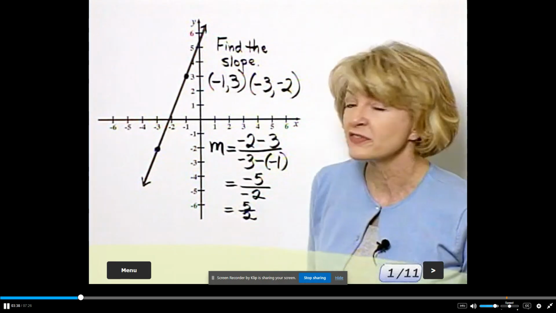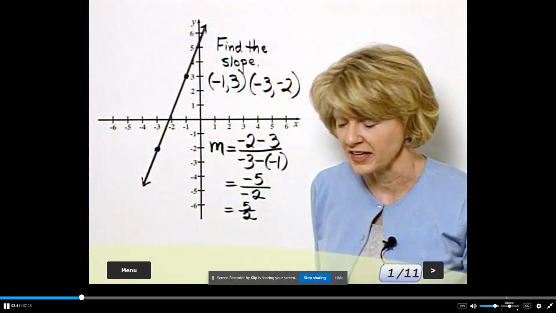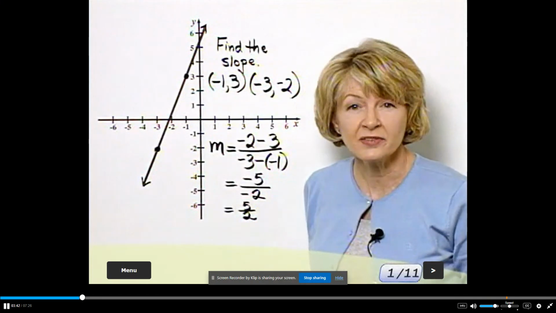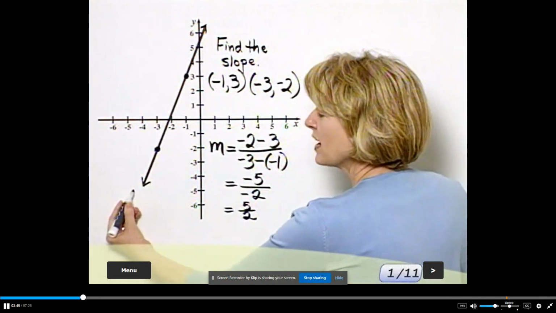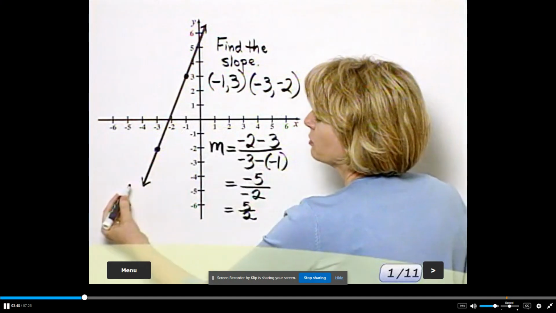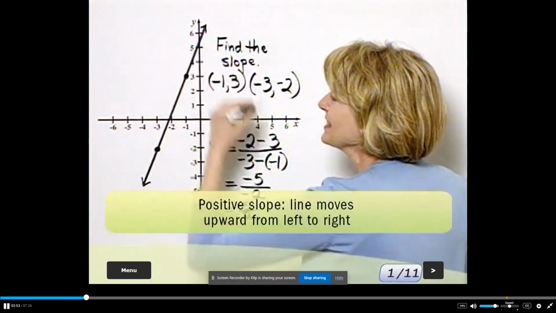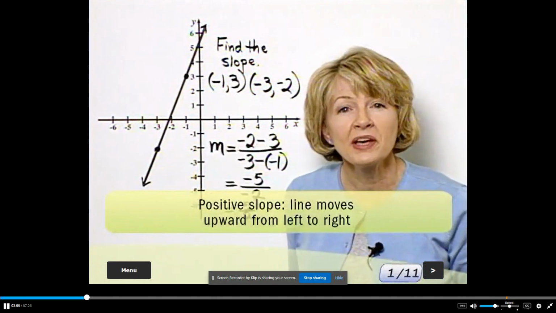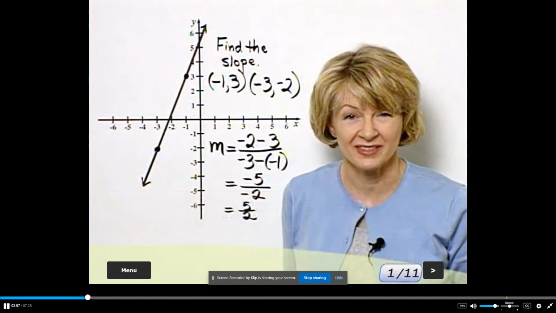So the slope is 5/2, and I want you to notice something. We have a positive slope, and as you follow this line from left to right, very important, notice the line is increasing. That will always happen with a positive slope.